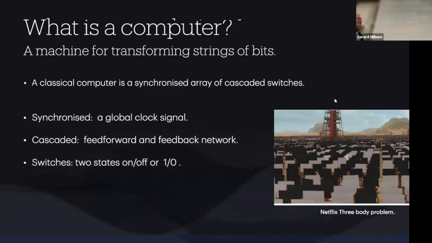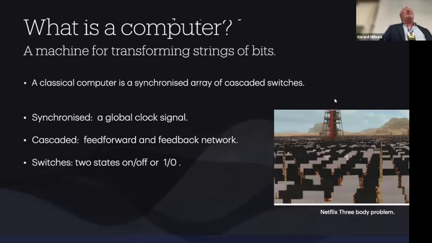illustrates the three features. You need a synchronized cascade of switches. That's what a classical computer is. Synchronized, so that in a sense the dominoes all fall in some nice sequence. They're conditional: whether one falls depends on whether something else was switched from 0 to 1 somewhere else in the circuit. And the switches have to be irreversible. It's extremely important.